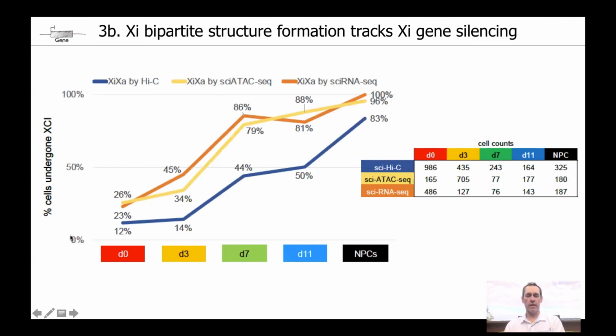Taking this data together, we found that the proportion of cells with a bipartite X tracked the proportion of cells with an inactivated or silenced X chromosome, but that the changes in the structure appear to lag the silencing of the X somewhat.